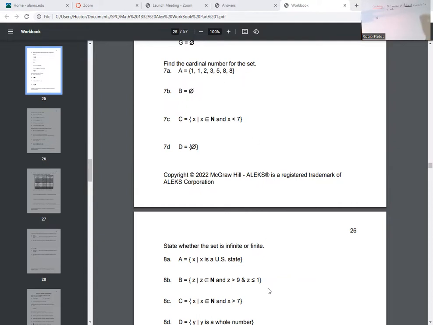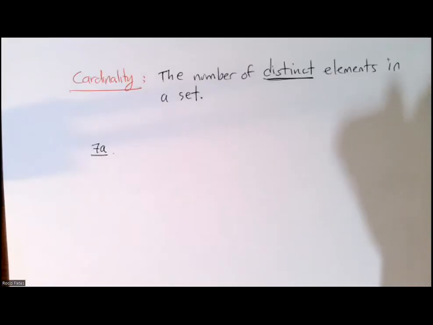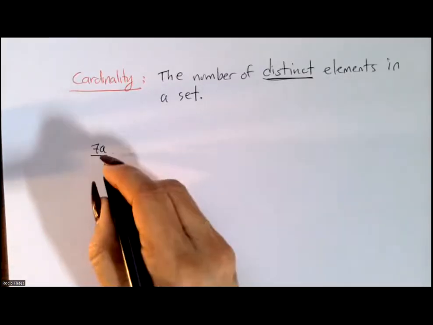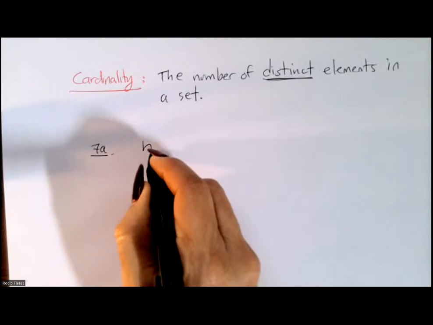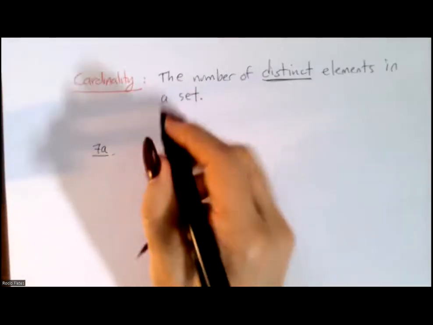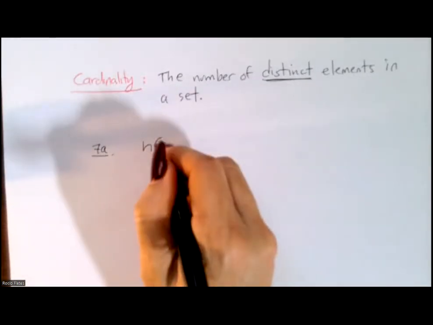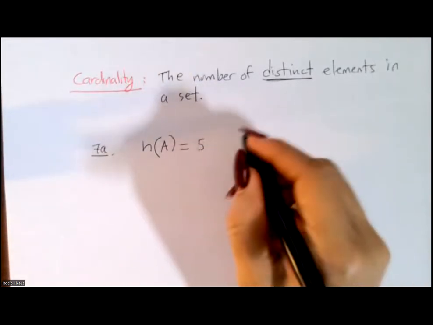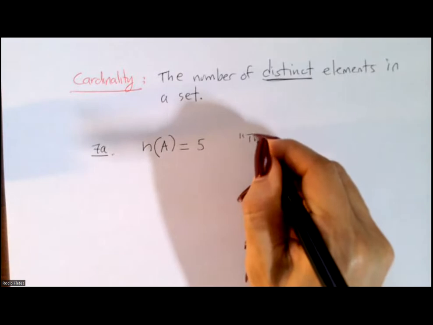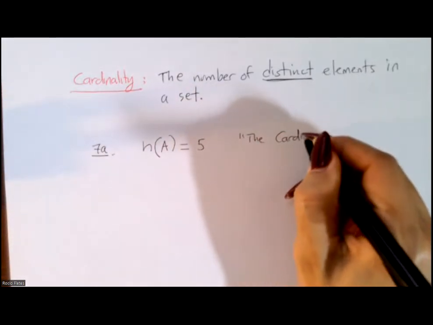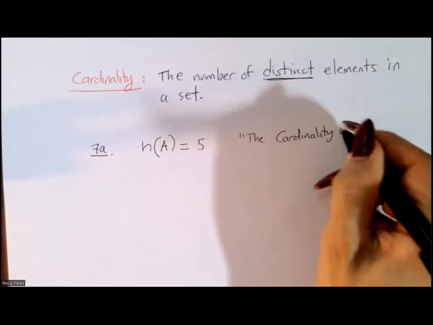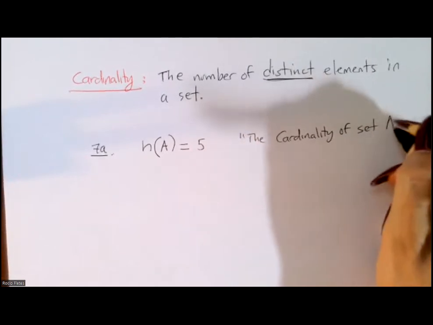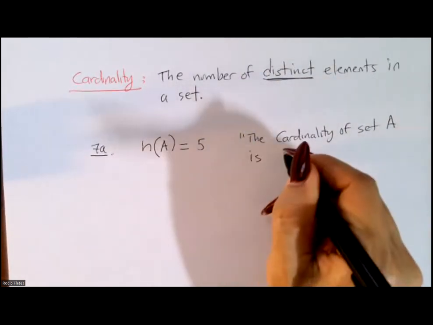How do you write that? You're gonna write it with the letter N for number of elements, okay? And then in parentheses, you write the set A, and then you write equal to 5. This means the cardinality of set A is 5.